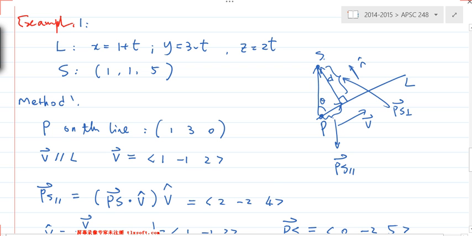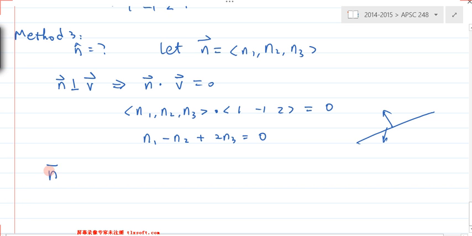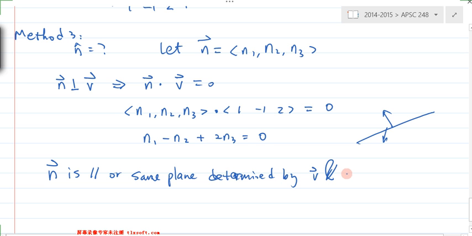So let me write down the statement here: n is parallel to, or in the same plane, determined by V and PS. The first condition, dot product equals 0, constrained n to be perpendicular to V. And this condition will constrain it to be the direction we're looking for.